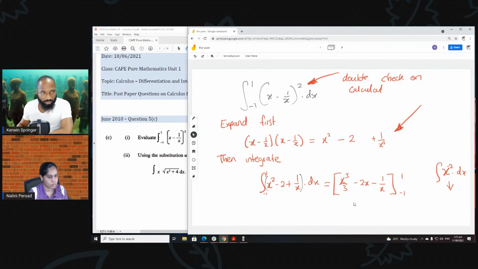Somebody is saying plus 1 over x and negative 1 over x. Well, this will go up by 1. Anybody know the reason why it's negative here and not positive?